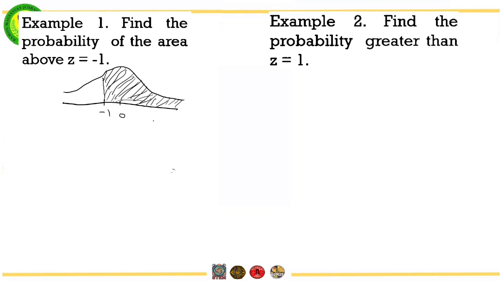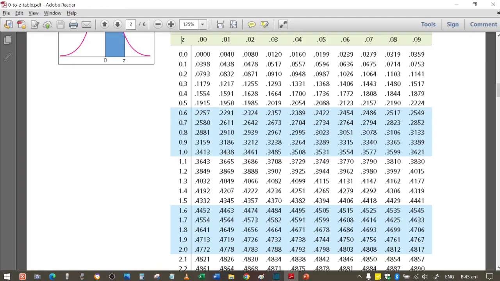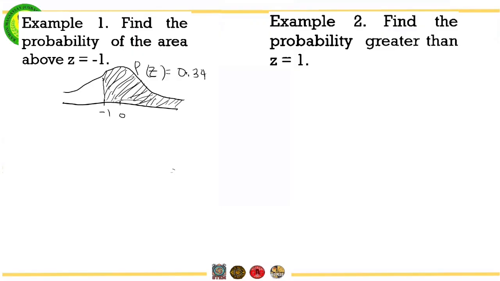How do we compute the probability of the area above z = -1? First, the area of z = -1 is the same as for 1, right? So let's check: 1 is 0.3413. What is the proper notation? It is P(z > -1), because above. What do we do with 0.3413?